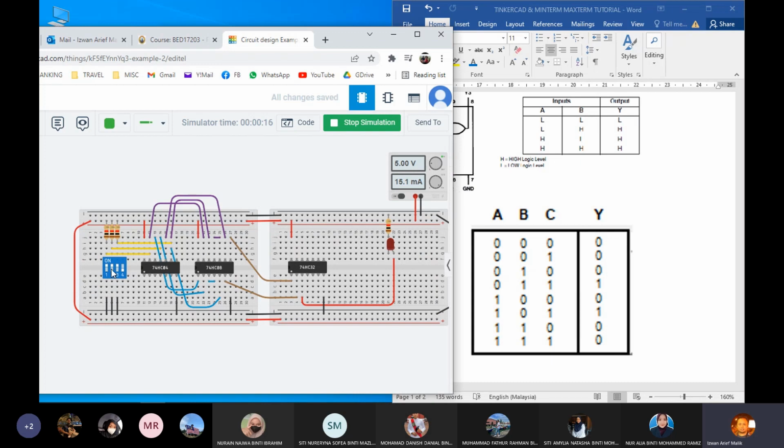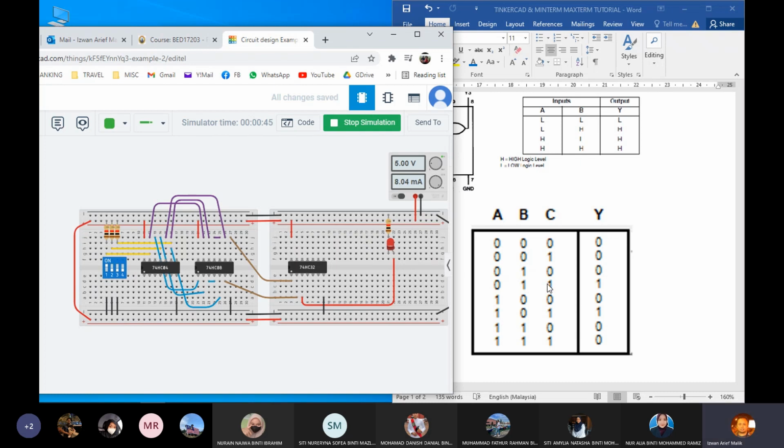So 000, the output Y which is here dekat LED ni tak menyala. So betul. 001 tak menyala juga. 010 pun tak menyala. But 011 dia akan menyala. So bila saya turunkan ni jadi 011, make sure this is lighten up. Okay, so dia menyala. Meaning that setakat ni 0 sampai 3 tak ada masalah.